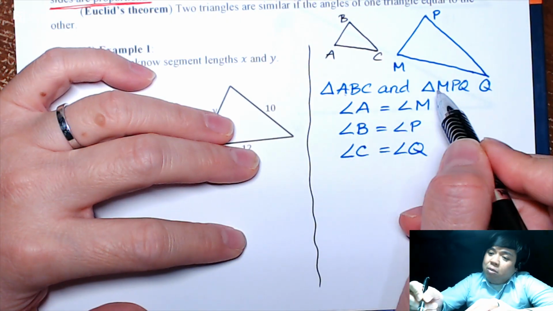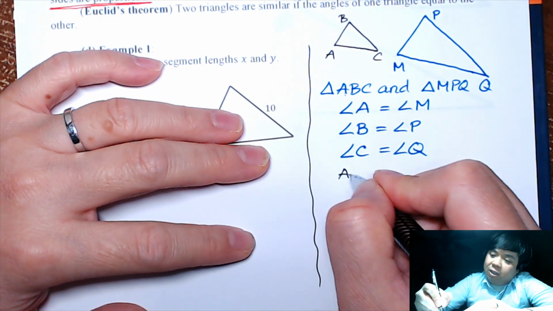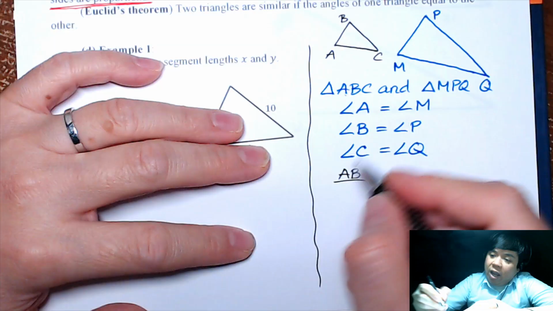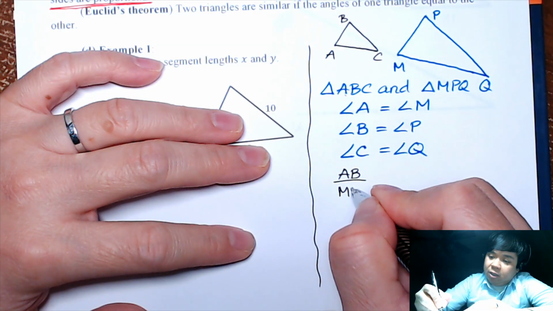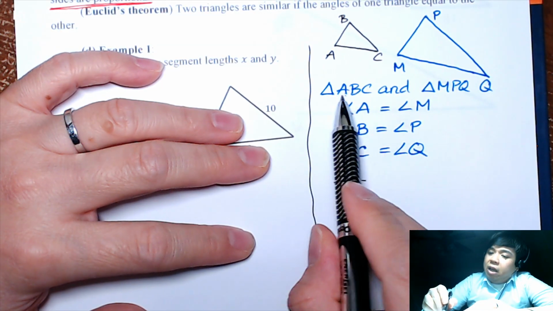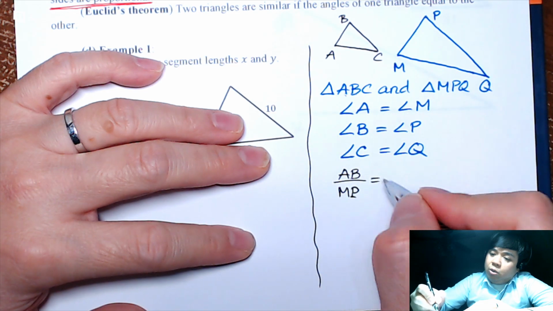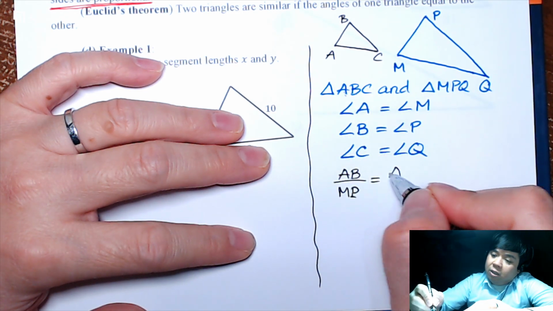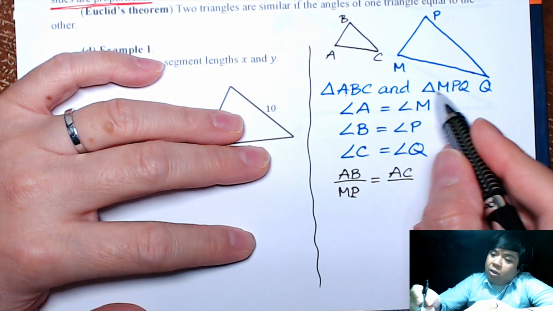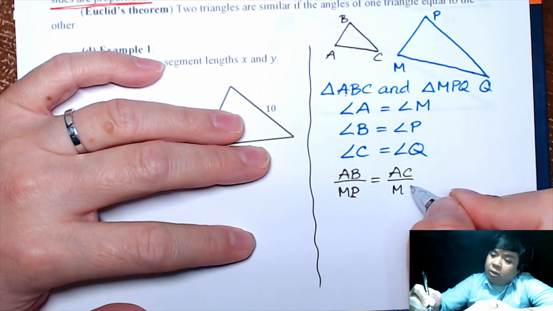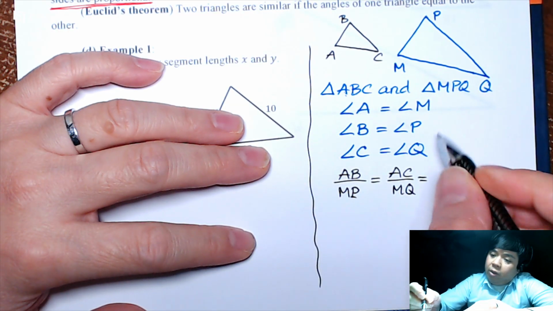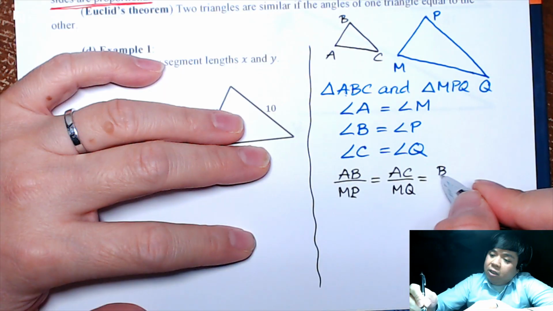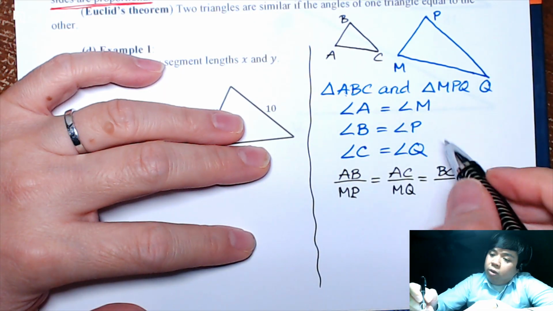AB over MP, equal to the first and the last, AC over MQ, and then BC over PQ.